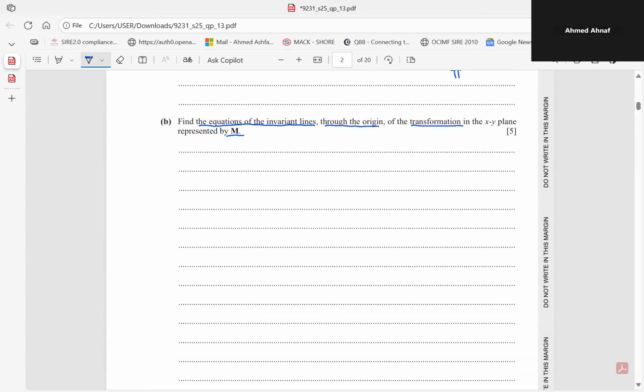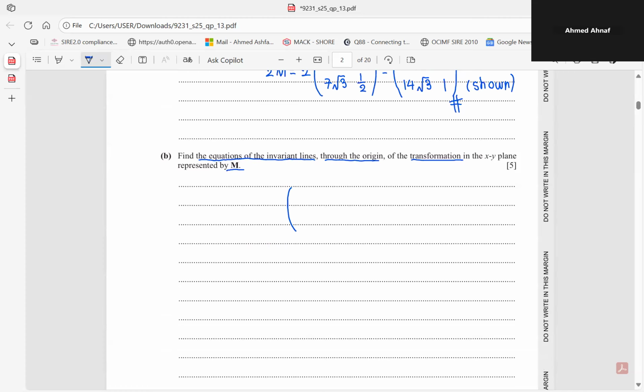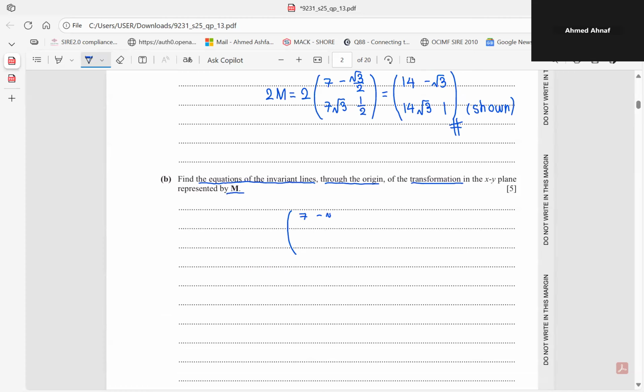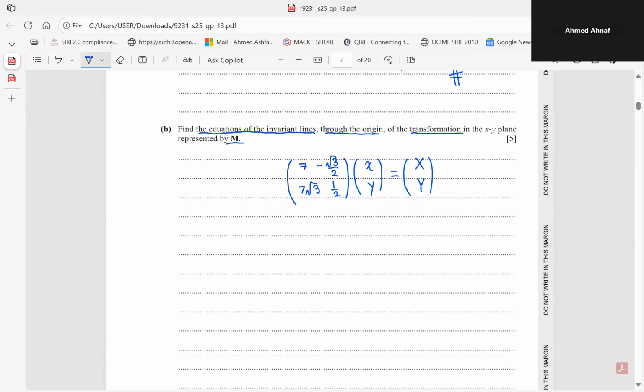So to find that out, we're going to have to multiply our M, which is 7, minus square root 3 over 2, 7 square root 3, half, with our x, y, where x and y is a point along our invariant line. And this would be equal to big X, big Y. So big X, big Y is the new point, which is basically just the same as the old point.